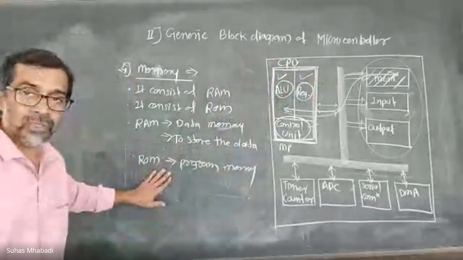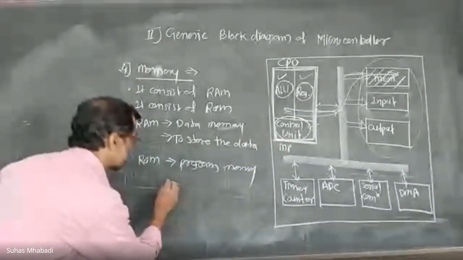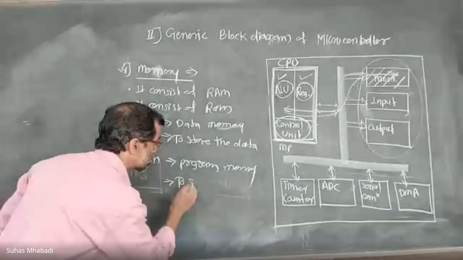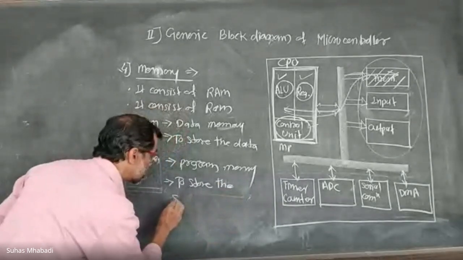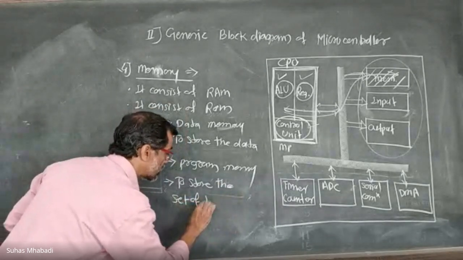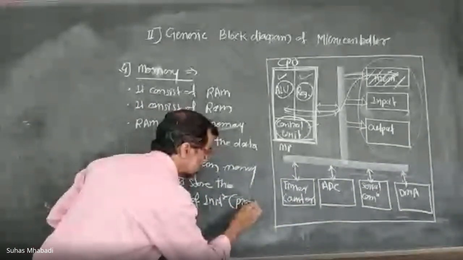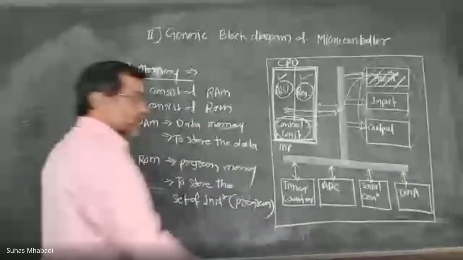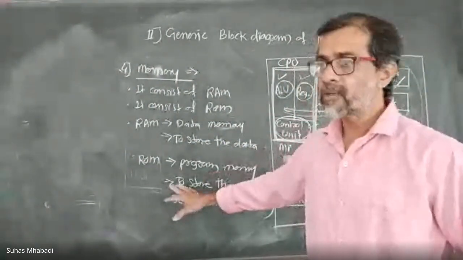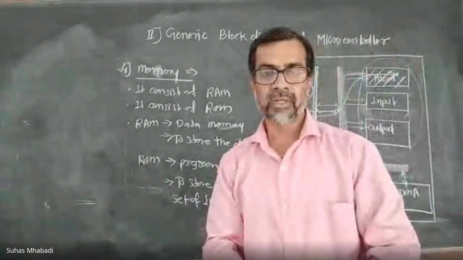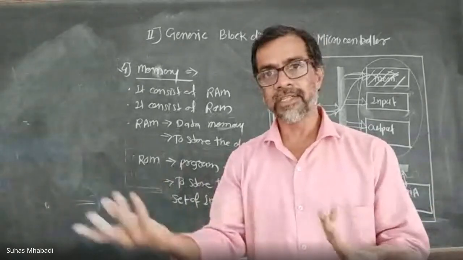Program memory is used to store the instructions, or the set of instructions called as program. Size is not mentioned here because size depends upon the variant in a controller. It may change.